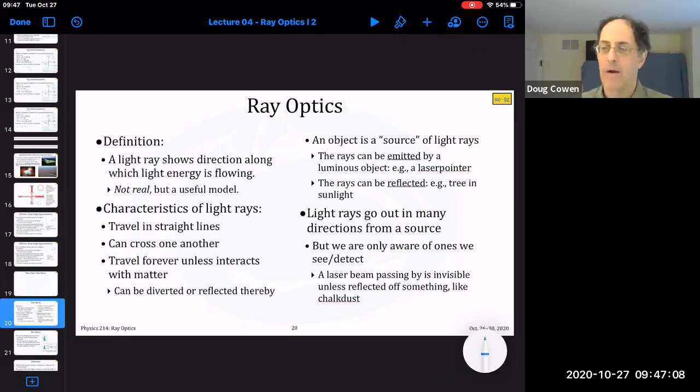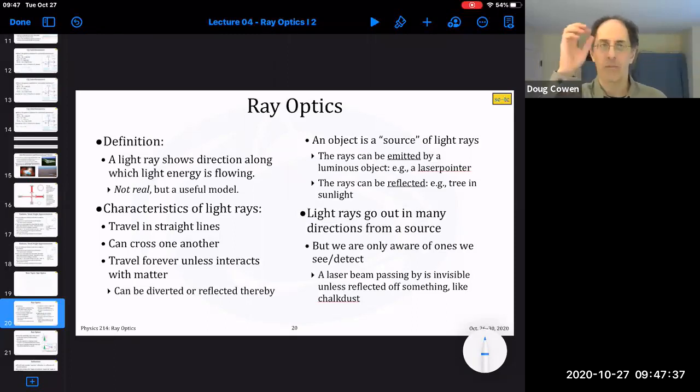We're only aware of the light rays that actually go into our eyes, or that enter a camera or some other device. So in other words, a laser that is pointed parallel to the front of your face and that travels by, it could get arbitrarily close to your eyes, and you will not be able to see it. Right? A laser beam is just going straight across.